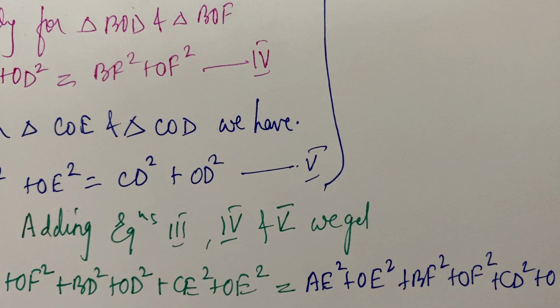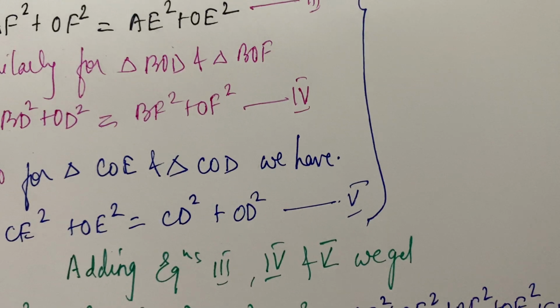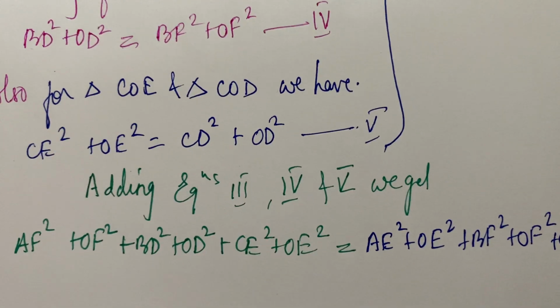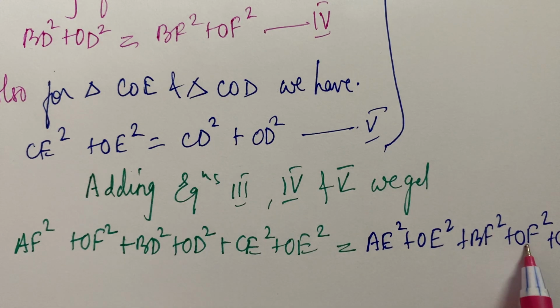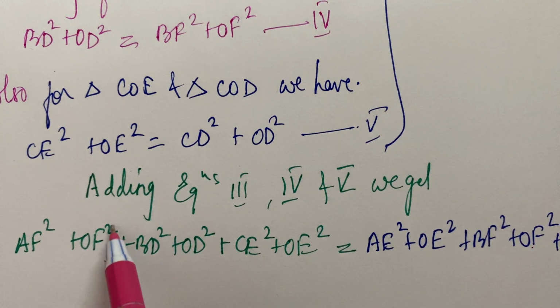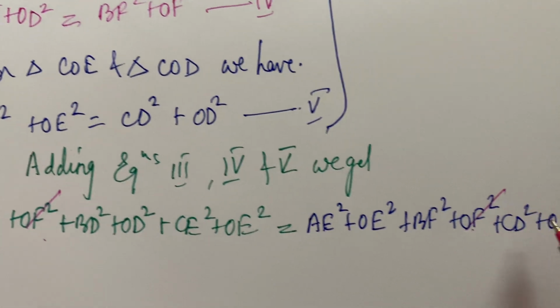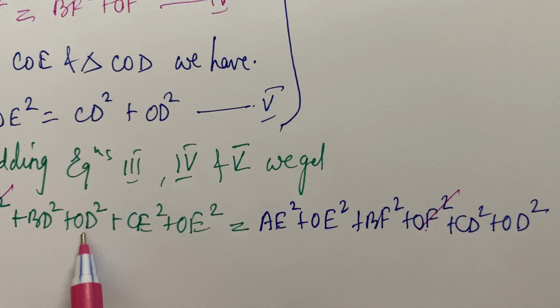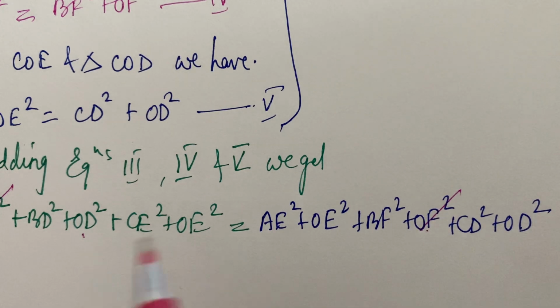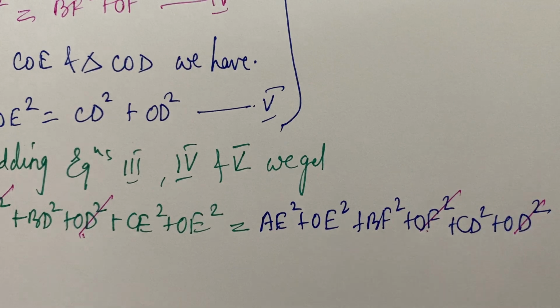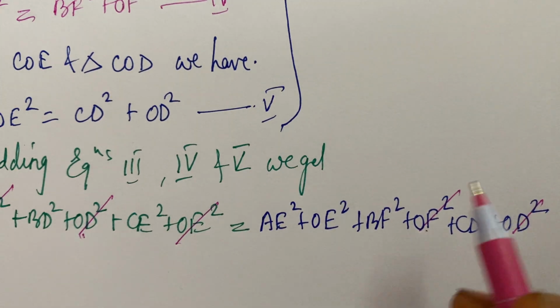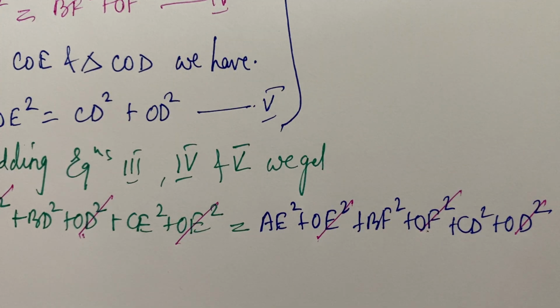Now some of our terms will be cancelled over here. Which terms are being cancelled? Look here. You have OF here and OF here. This is cancelled. Fine. You have OD here to the left hand side, OD to the right hand side. That will also be cancelled. And lastly you have OE square and OE square to be cancelled.